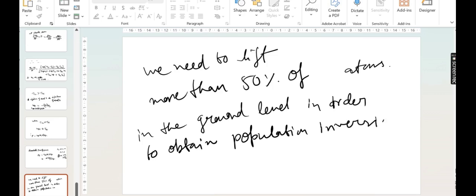To solve this problem, we get the 4-level laser system.